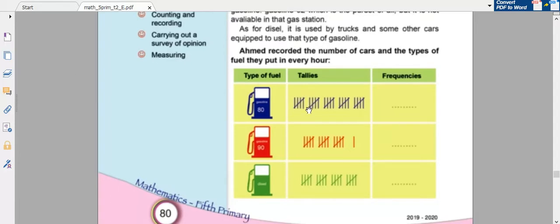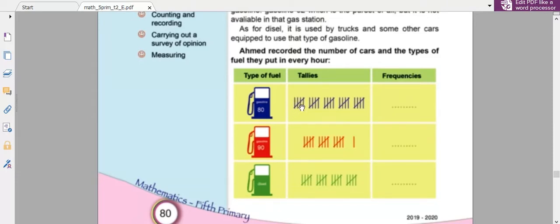Number 5 is not a straight mark, or not a straight line. No, it's a curved line. So when we have four marks for four cars that refueled 80, and the 5th car comes and fuels, we make a curved line to end the first group.